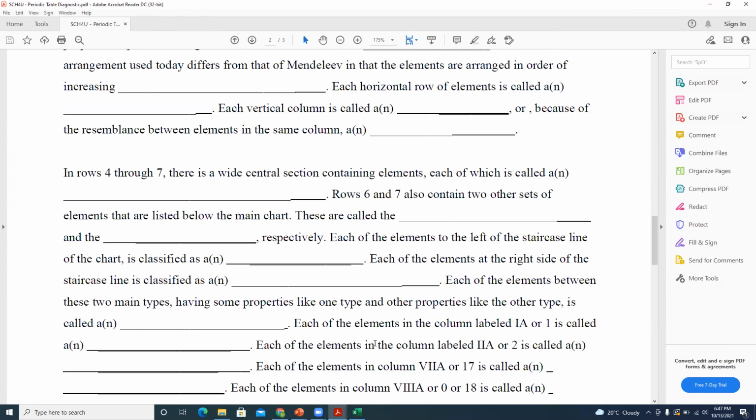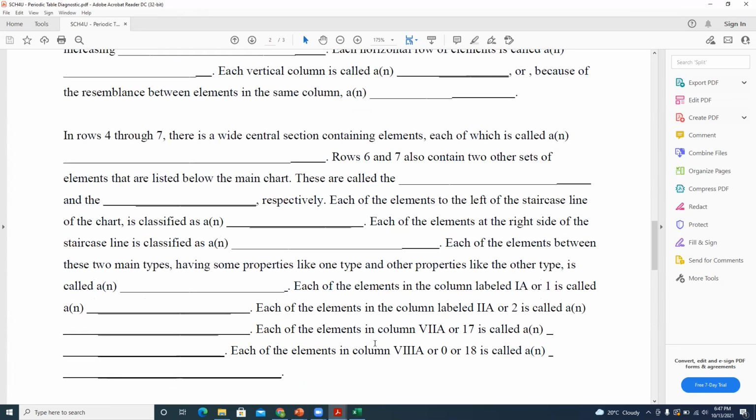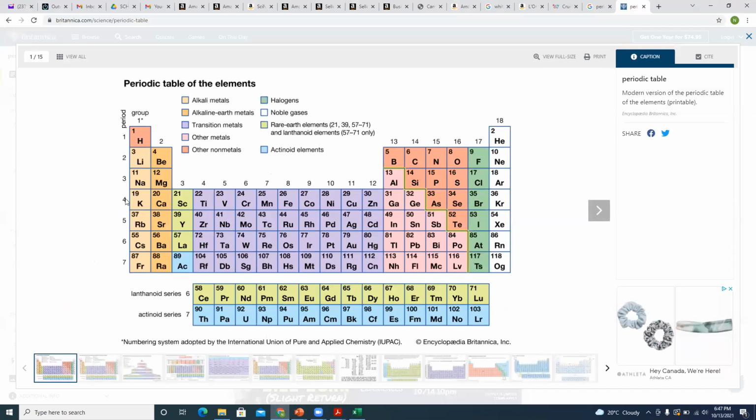So in rows 4 through 7, there is a wide central section containing elements, each of which is called, look at the purple label here, transition metals.